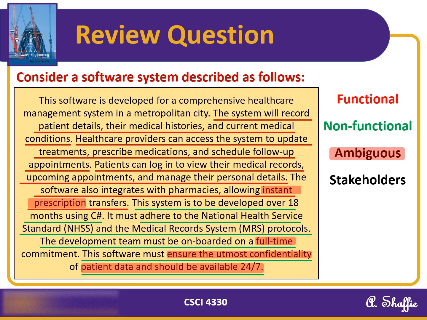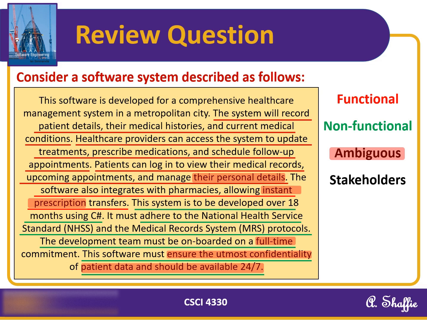And finally, I noticed that the patient can manage their personal details. It's not clear which personal details patients can update. Will you allow them to update their names, their social security, their date of birth? I don't think so.